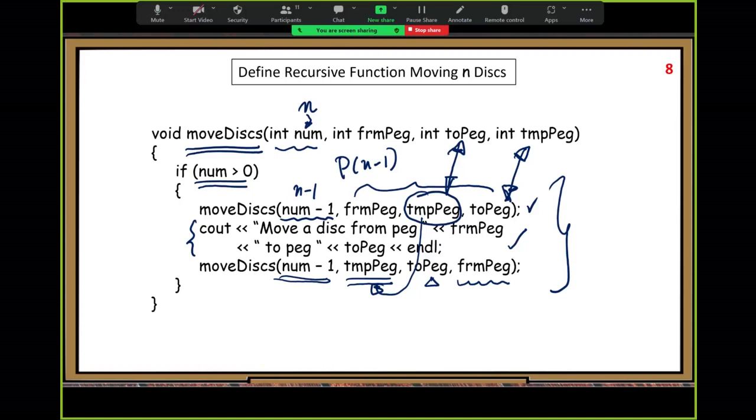How about the solution? You can see the whole implementation of this puzzle problem is only a few lines, very short.